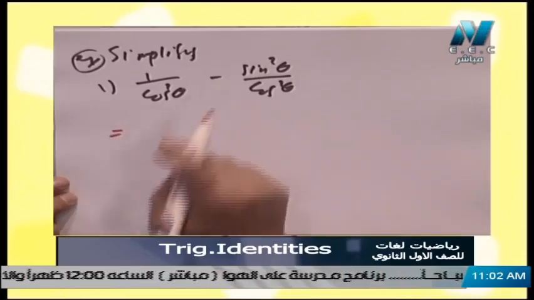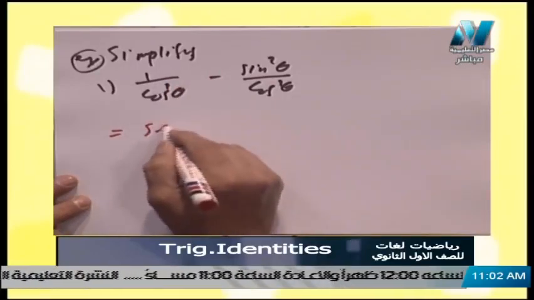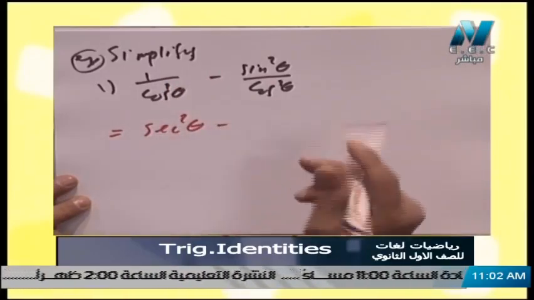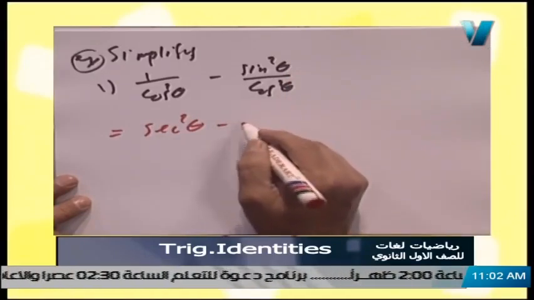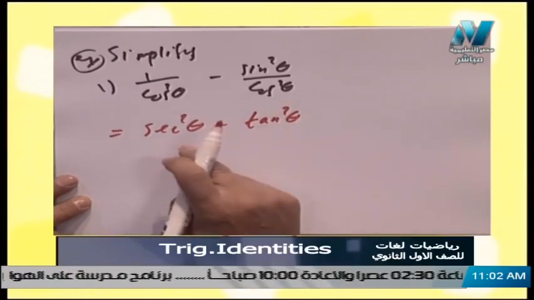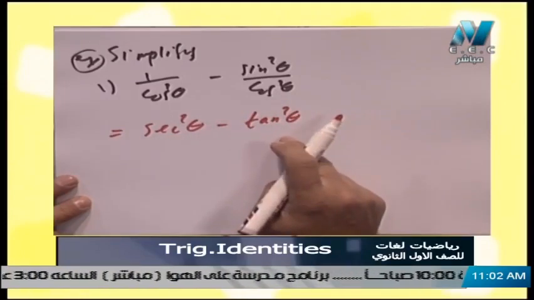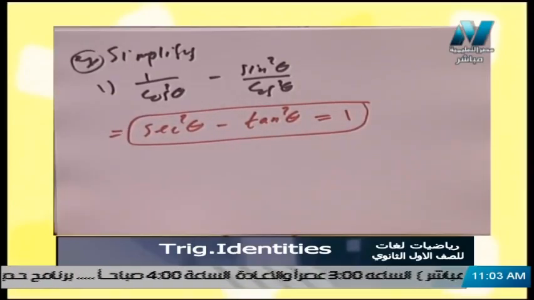To simplify this one, 1 over cosine power 2 theta will be sec power 2 theta, minus sine power 2 theta over cosine power 2 theta, which is tan power 2 theta. And we know that sec power 2 theta minus tan power 2 theta equals 1.